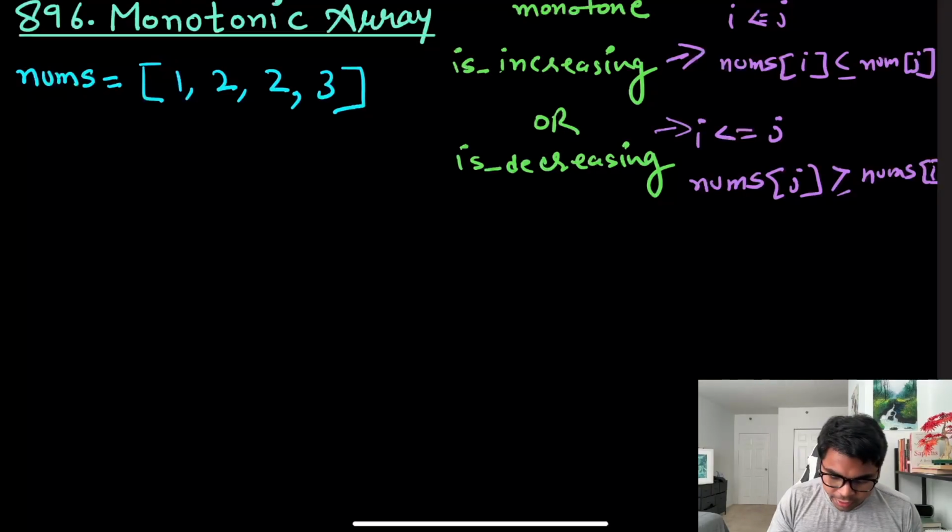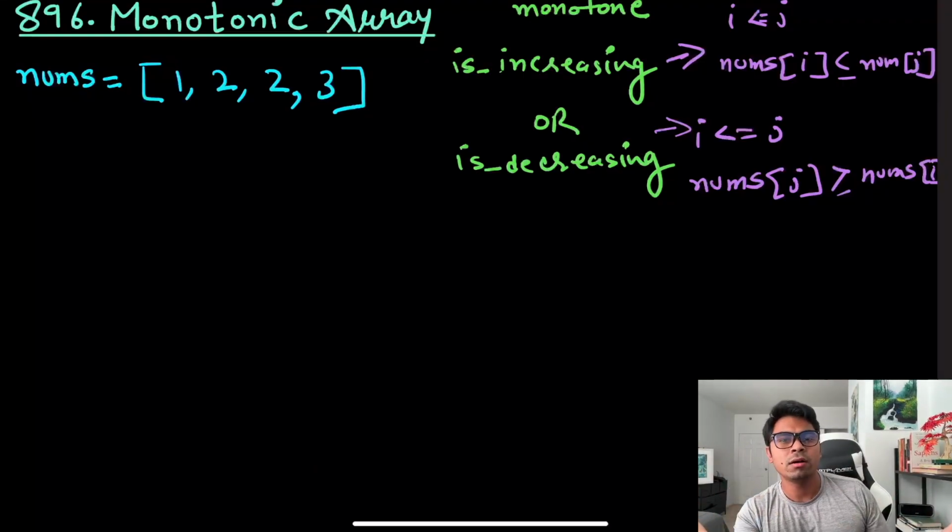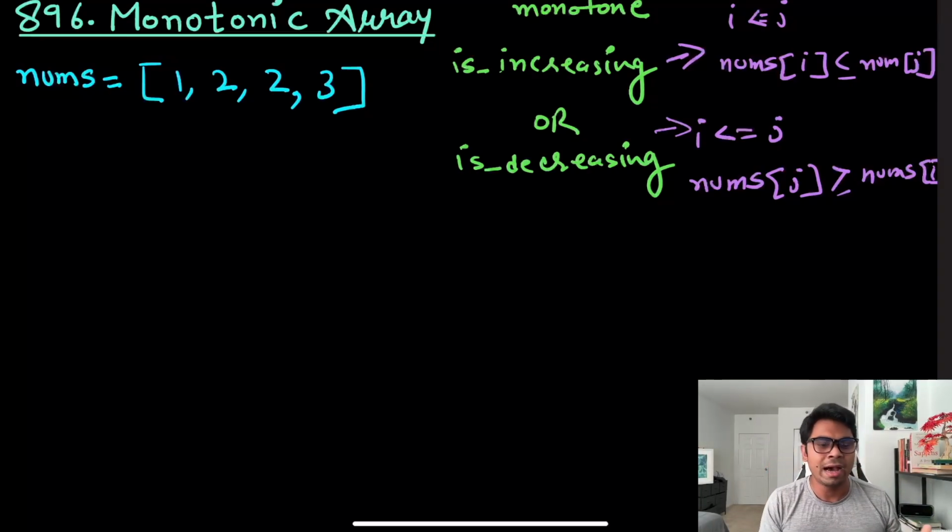So what we can do is, since we have to compare all these values, it would be okay to compare the neighboring values, because at any point if there is a value that is causing the array to become not monotonic increasing or decreasing, then we can compare it with the neighboring value and we should be able to find that out.